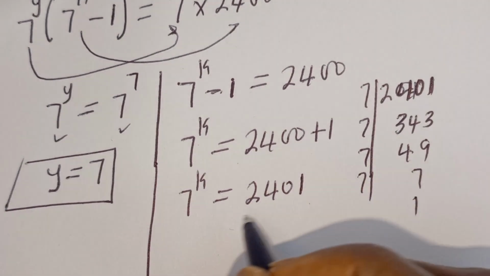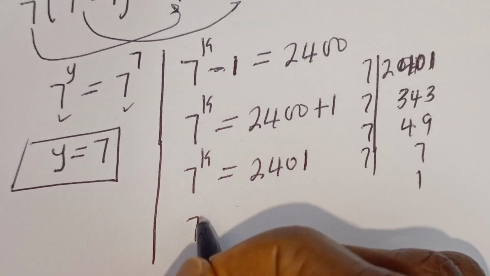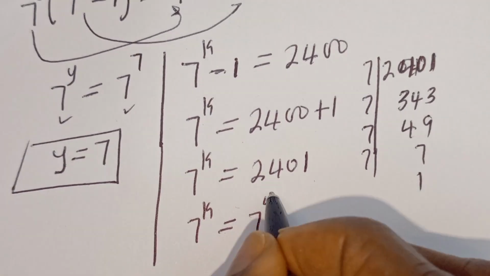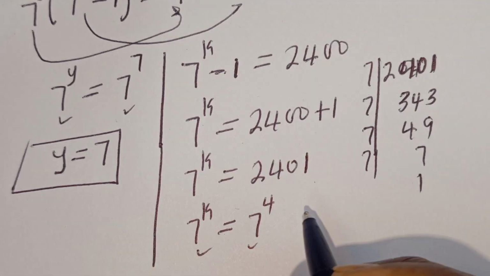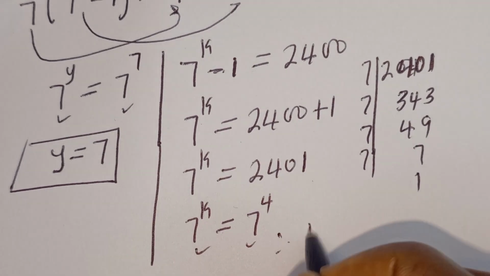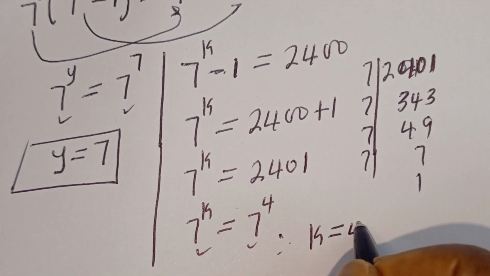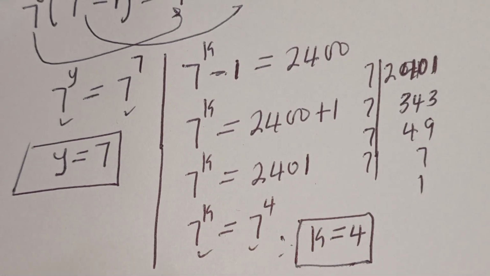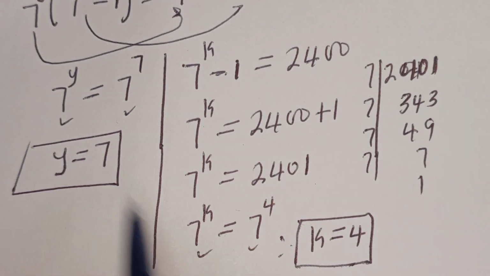So here 7 to the power of k is equal to, this can be written as 7 to the power of 4. They have the same base. Therefore, k is equal to 4. This is the value of k. Now we know the value of y, which is 7, and k is equal to 4.